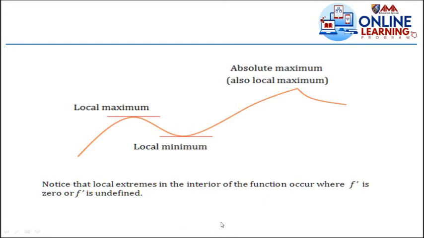Kaya sabi niya, notice that the local extremes in the interior of the function occur where f prime is 0 or f prime is undefined. Ang tawag po natin dito, yung slope natin is 0. At the same time, we call that undefined.